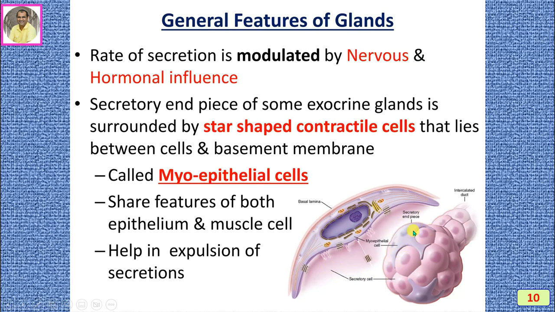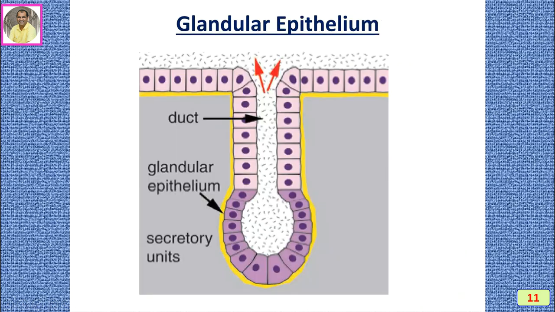It is the secretory end piece, and this is called the intercalated duct. Whenever there is a contraction of the myoepithelial cells, there will be secretion from this special type of glandular tissue.